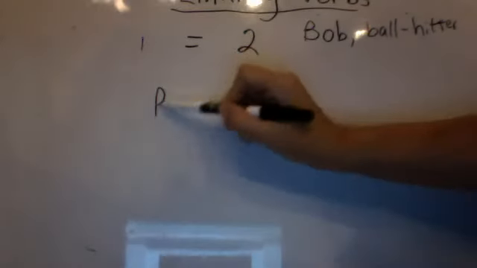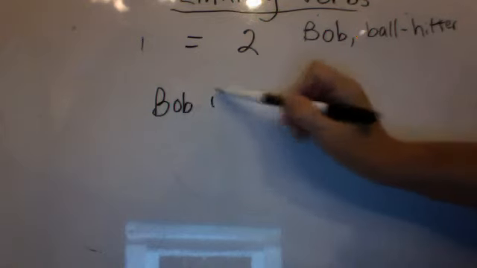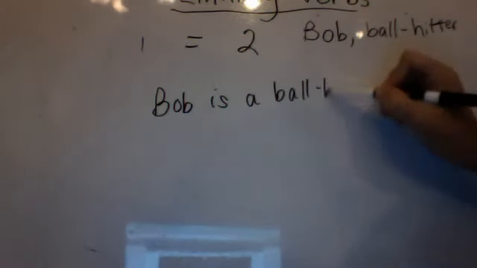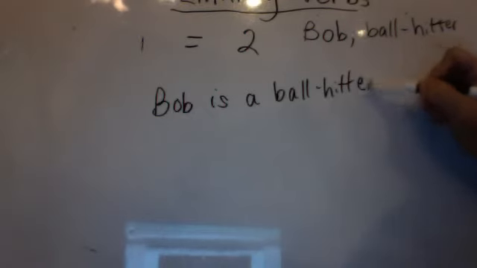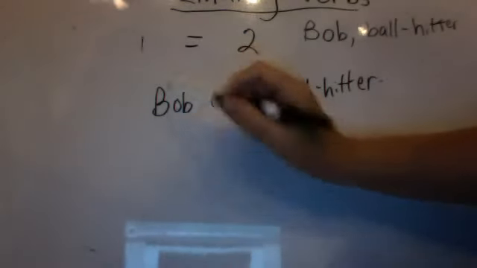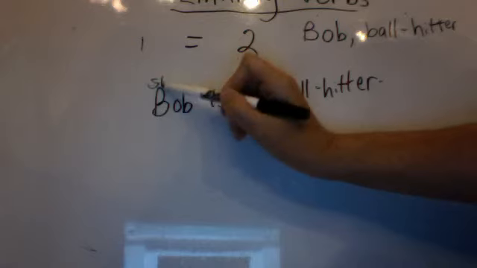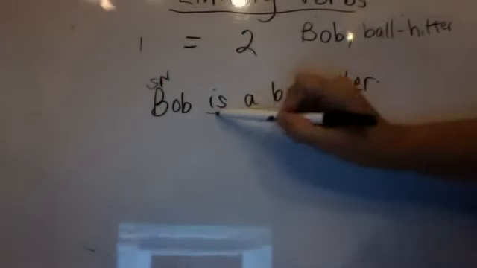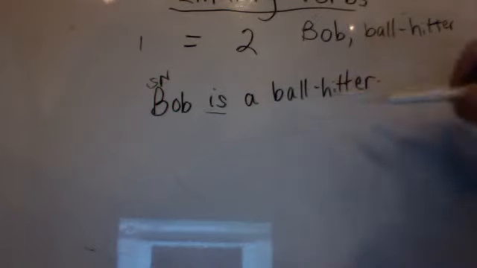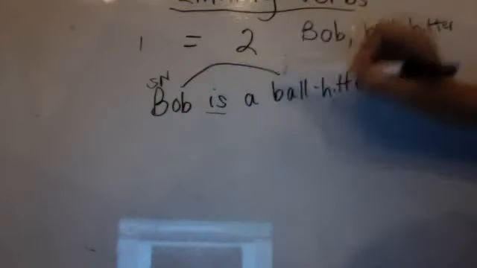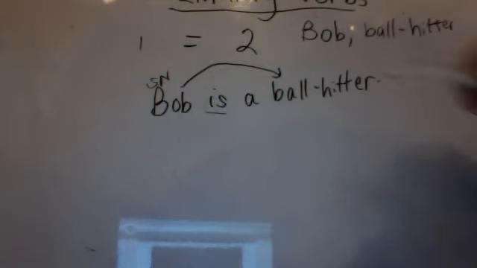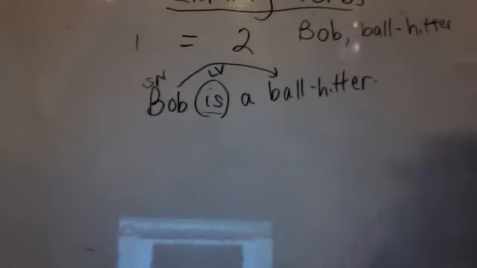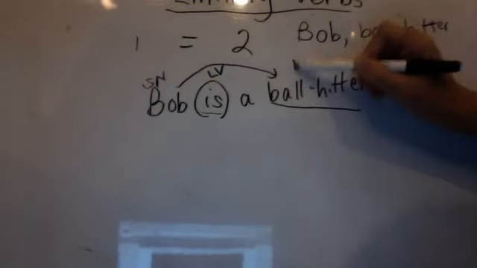So we have our sentence, Bob is a ball hitter. Bob is our subject. It's our subject noun. It's a proper noun, someone's name. Our verb is, and ball hitter is a noun that's being linked with Bob. That makes this a linking verb. We'll label it LV. Ball hitter is a predicate noun.